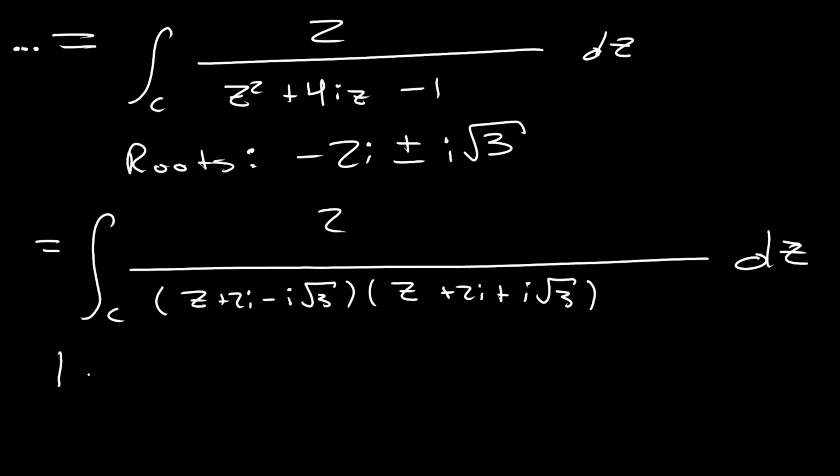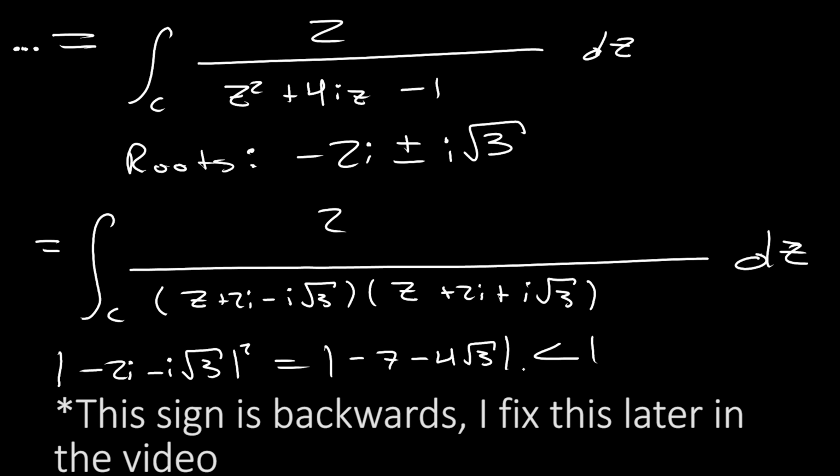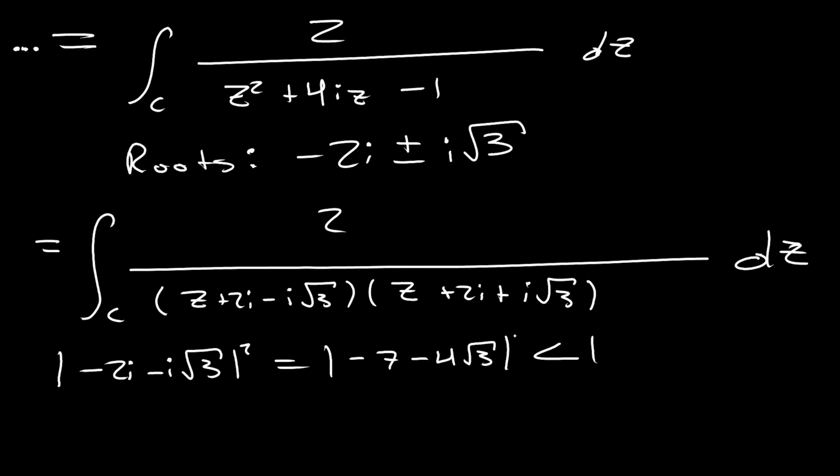If we take the modulus squared of negative 2i minus i root 3, it is going to give us mod 7 plus 4 root 3, which is clearly going to give us a number that is much greater than 1, so this is going to fall outside of our region. Even if we take the square root of it, which I should still, I guess we did the squared part, but that's probably not the best notation.